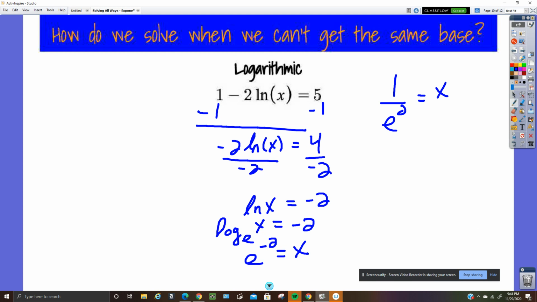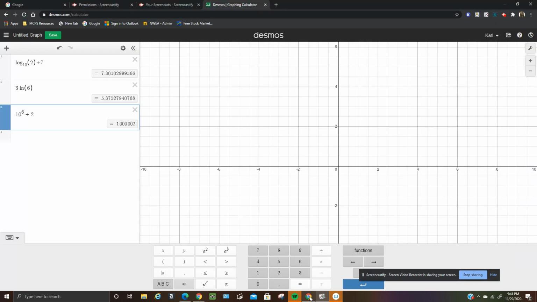I take my calculator and I'm pretty sure if you just type the e, yeah, if you just type e, it gives you the Euler number, and then exponent negative 2, or 1 over e squared is this number here, 0.1353.